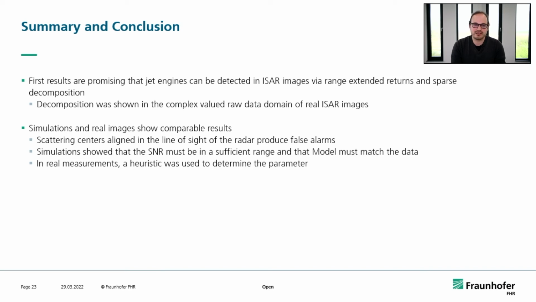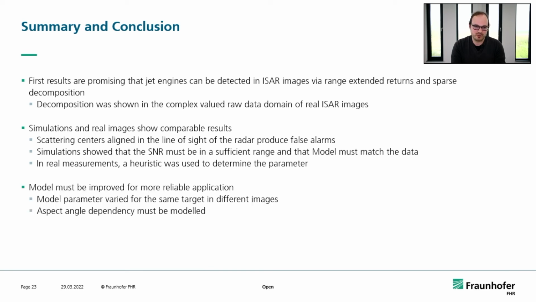But the major point to improve is, of course, the model itself. As we have seen, the parameters differ a bit from image to image, and that's something for the ongoing work, that we maybe add more parameters to the model and maybe also include the aspect angle dependency somehow.